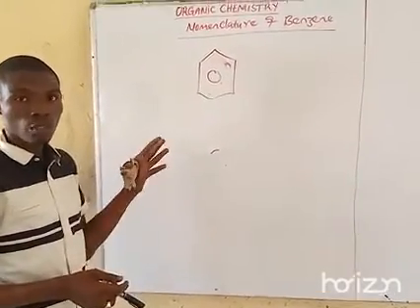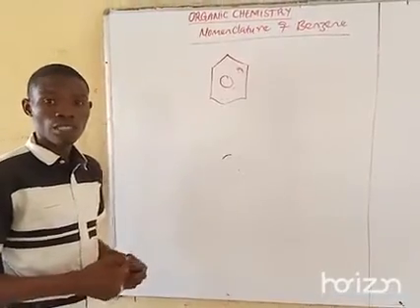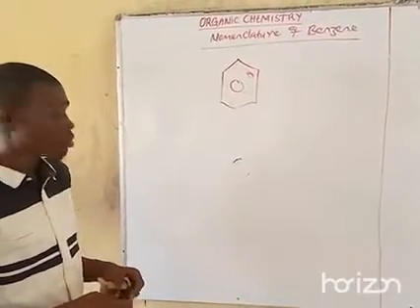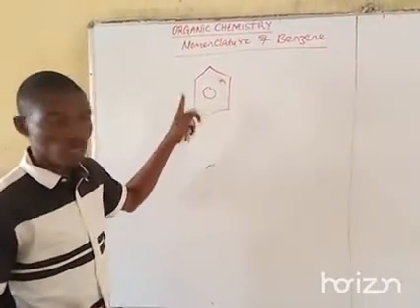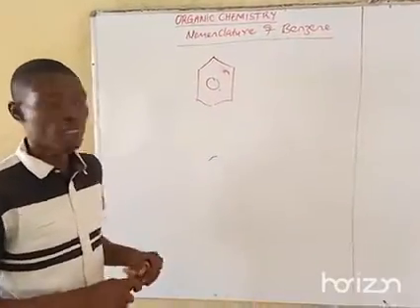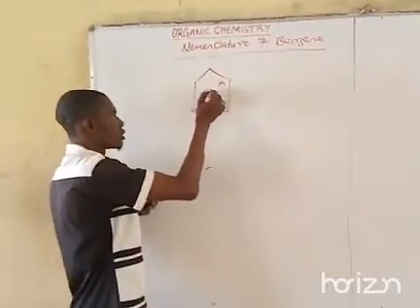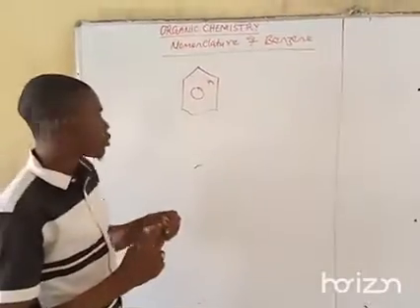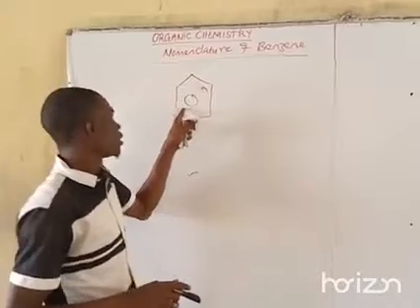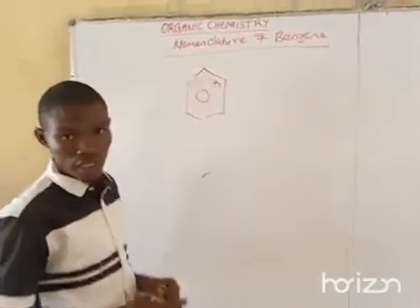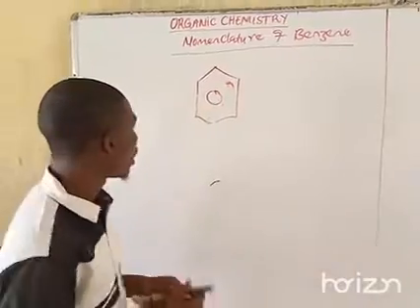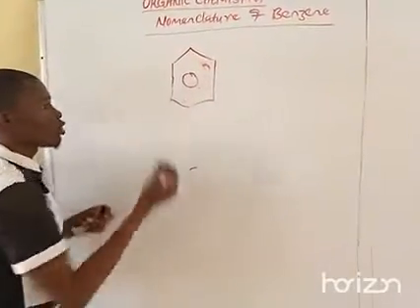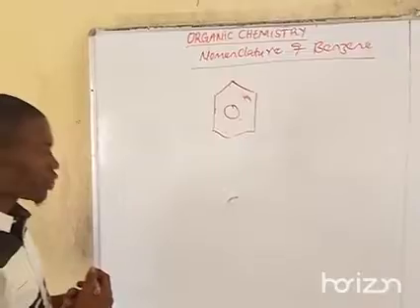We talked about mesomeric effect in our previous classes, so you can check on the previous class for mesomeric effect. By mesomeric effect, we keep on having resonance within the structure of benzene. So because of that continuous resonance, that is why it is usually represented in the ring form instead of using the bond type form. So today we are going to look at the nomenclature of benzene.